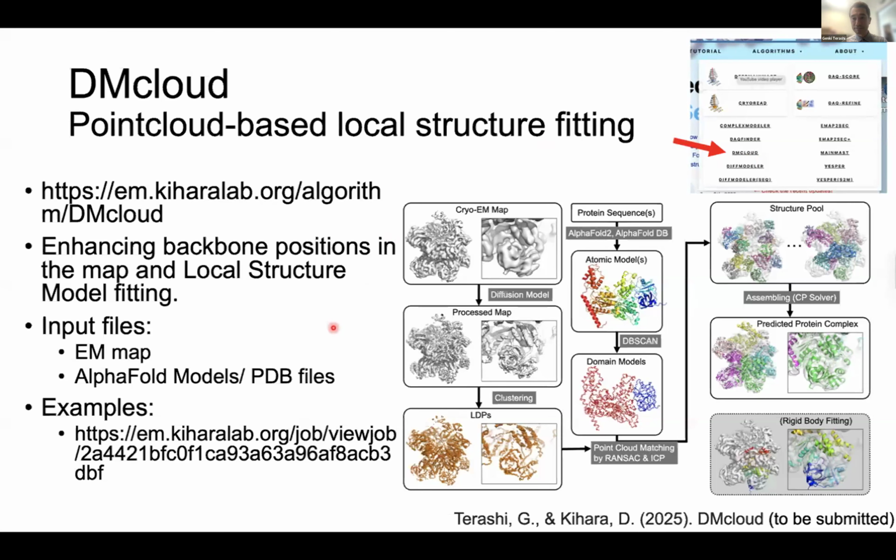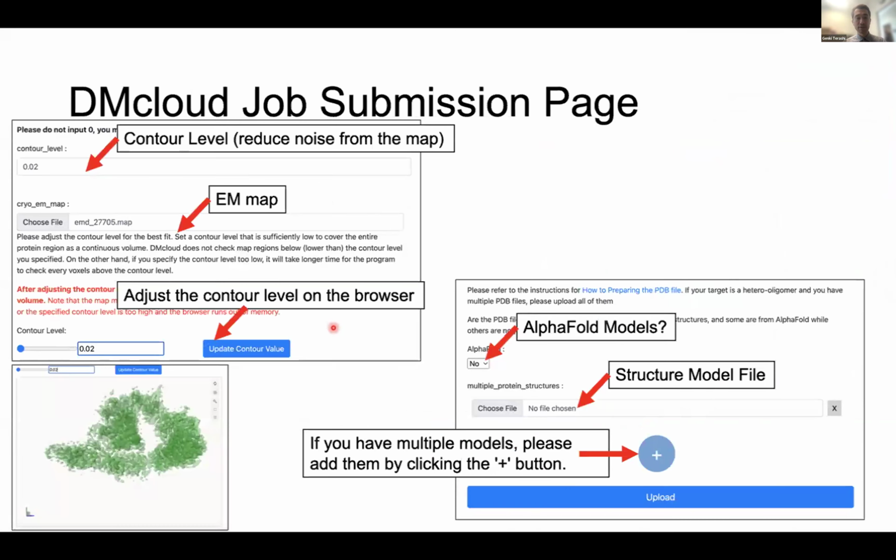So this is DM Cloud. This is the job submission page. You can specify the contour level and EM map. DM Cloud also has new features. You can visualize the shape of the density map. By changing the contour levels and clicking here, you can visually check the contour levels.